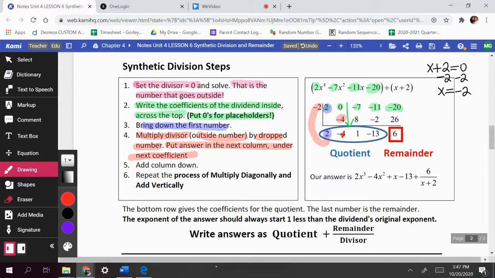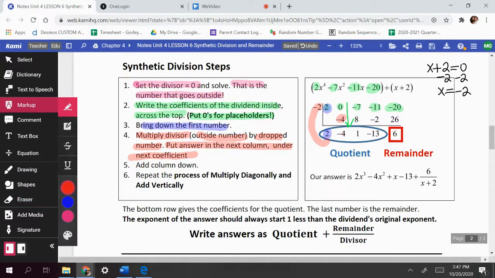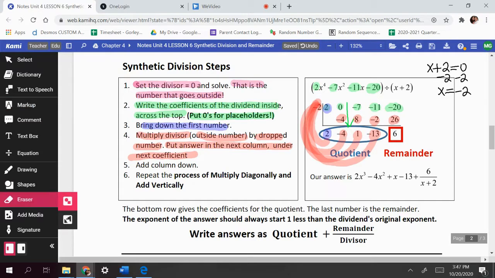This time, negative 4 times negative 2, and I get 8. Add down. Then I take the 1 times negative 2, and I get negative 2. Add down. Then I take the negative 13 times negative 2, I get 26. Add down. So you just keep doing that process of multiply, add, multiply, add.